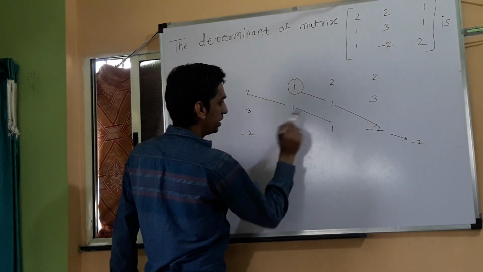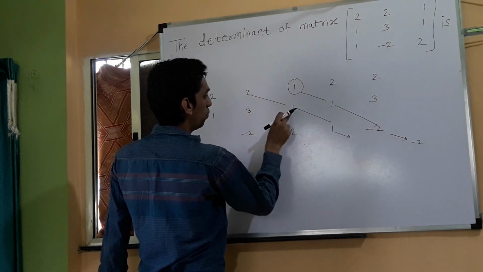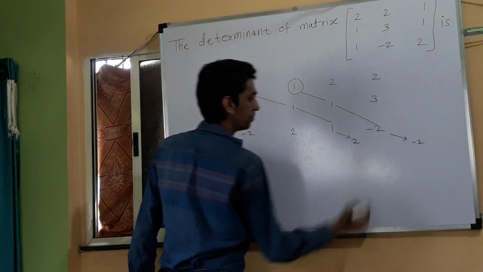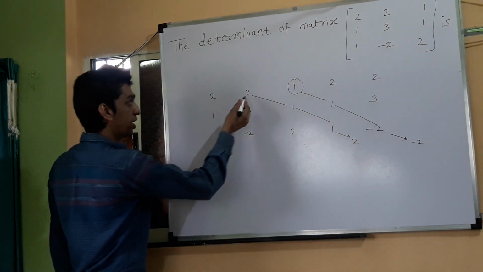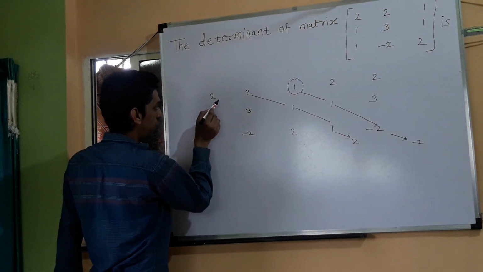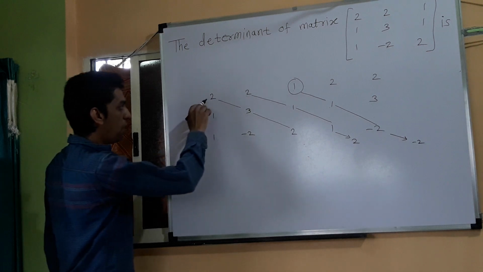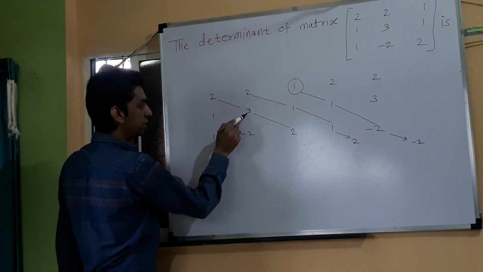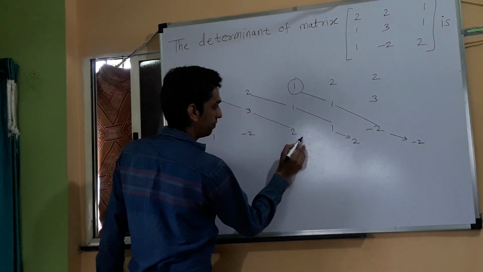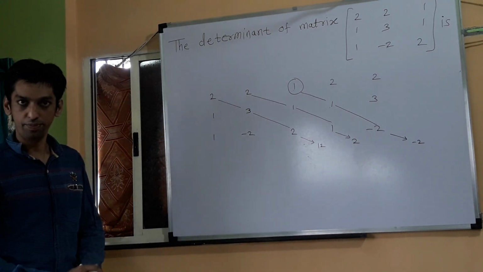Again multiply all these three elements: 2 into 1 is 2. Then the next element, again mark the diagonal and multiply all these three numbers. So 2 3s are 6 and 6 2s are 12.